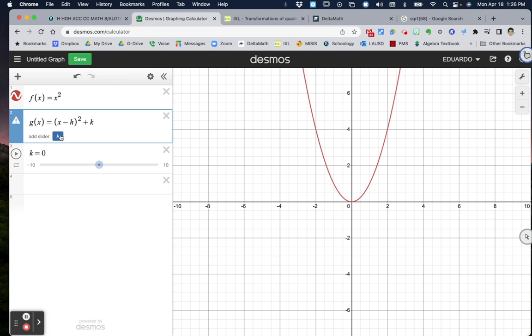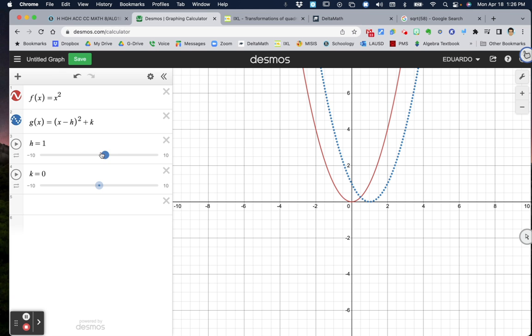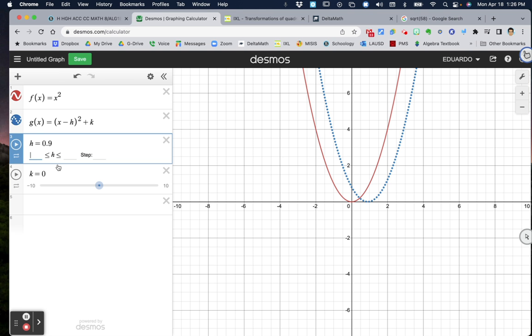So I'm going to go here and press add slider and put it at 0 to begin with. This one has a lot of wiggle. Okay. So I'm going to go over here and do the same thing. We're going to go negative 10 to 10, and the step is going to be 0.5.